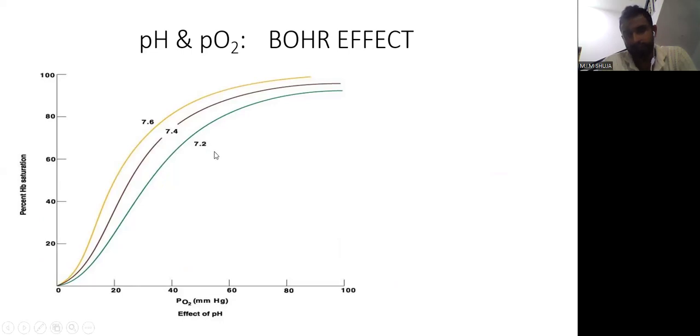So reducing the pH means increase in carbon dioxide, increase in H plus, increase in acidity. When the acidity is increased, the pH is reduced. So when the acidity goes up, the rightward shift of the oxygen dissociation curve occurs.